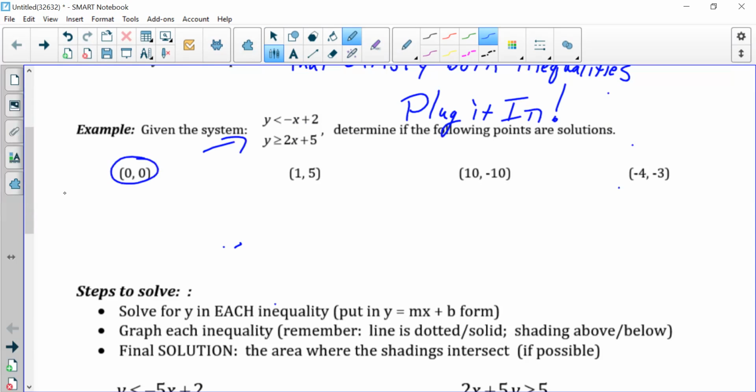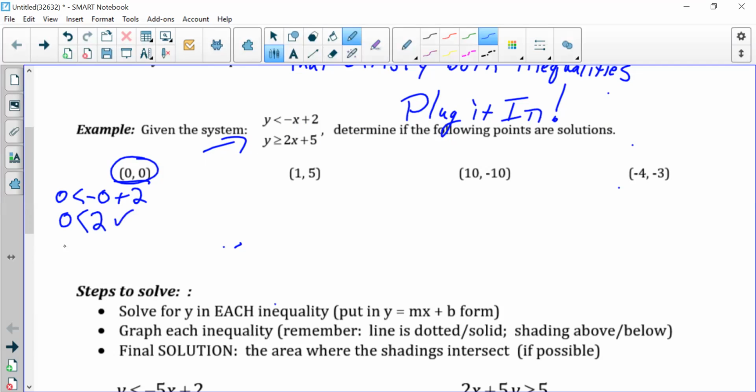So y is less than negative x plus 2. We're looking at 0 for y is less than negative 0 for x plus 2. Negative 0, no such thing, so just 0, plus 2 is 2. Hey, 0 is less than 2. Yep, that works, so it is a solution to the first one.